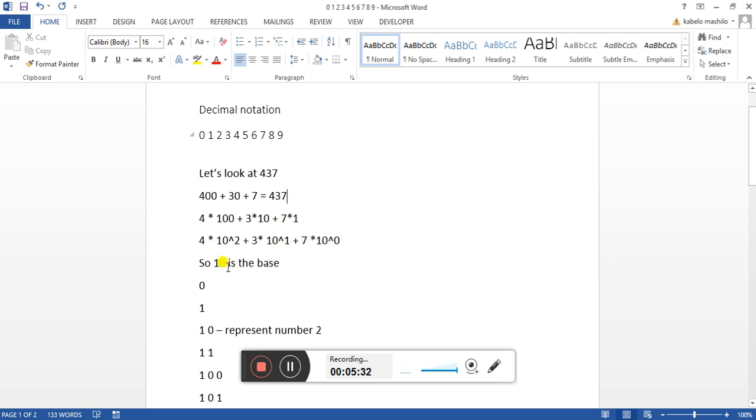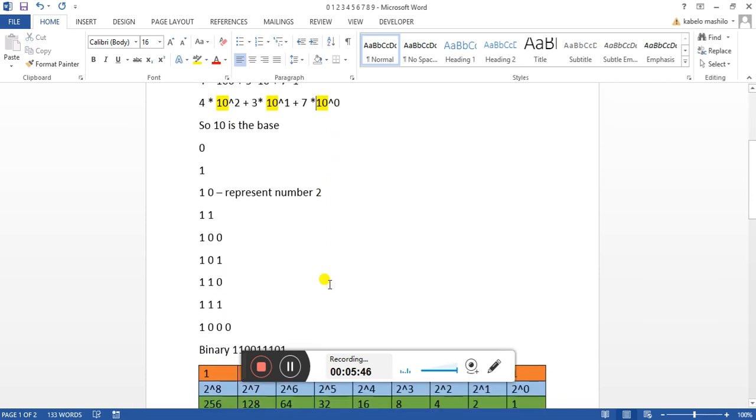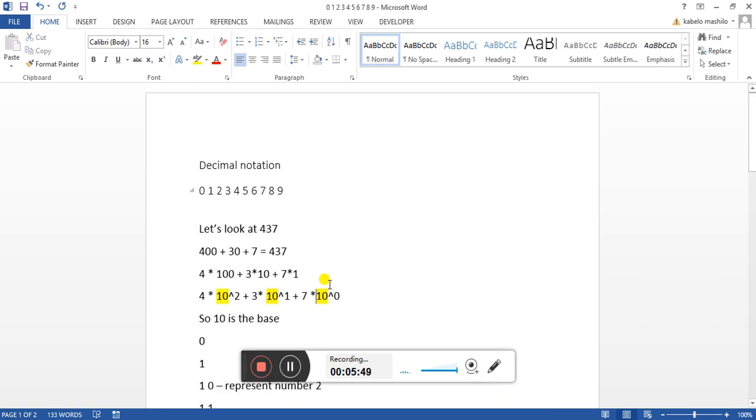So the 10 is the base. Here 10 is our base.